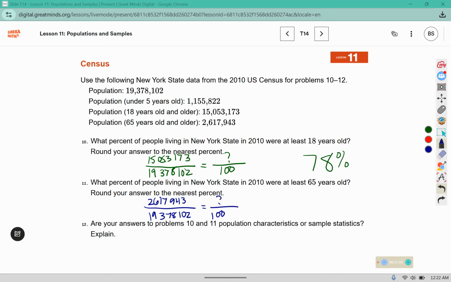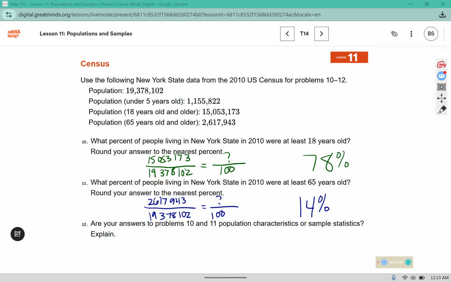Go ahead and cross multiply and divide here. 2,617,943 times 100 divided by 19,378,102 is about 13.5%, but it asks us to round to the nearest percent, so that rounds up to 14%.